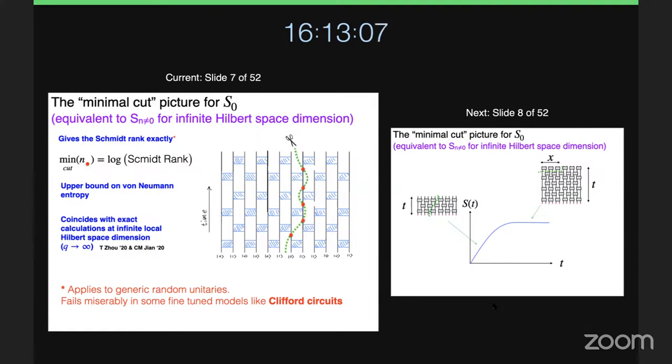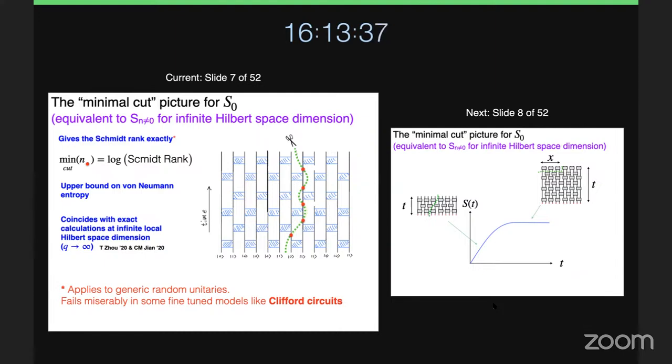The idea is that, if you want the entanglement for a cut, for example, where it appears there's a green line, then try to cut your circuit into two halves. And this is what we show, that if you minimize over all possible paths, you seek the shortest path, then the number of cuts you get in that shortest path is exactly equal to the Schmidt rank.